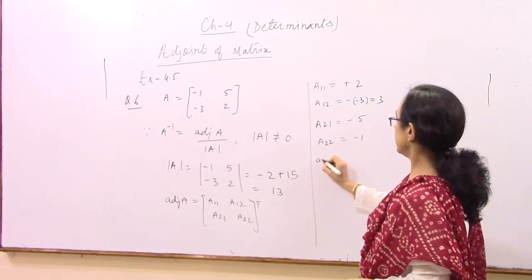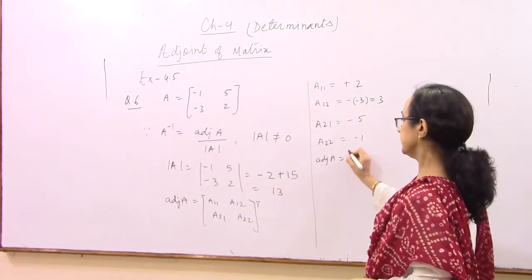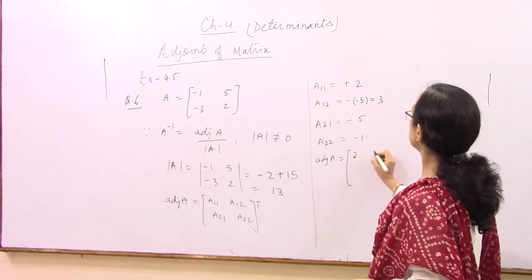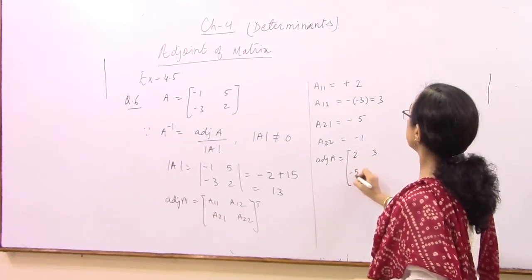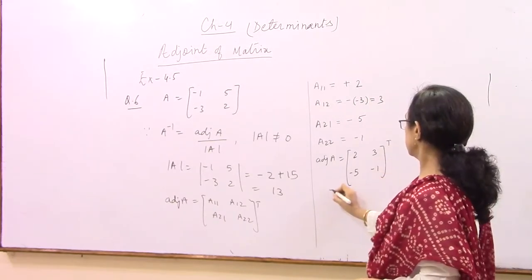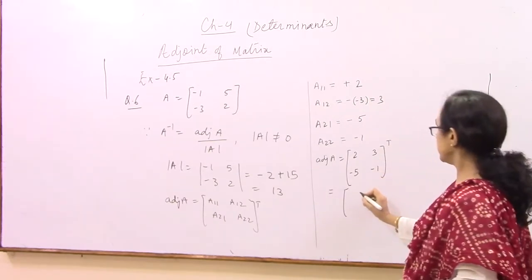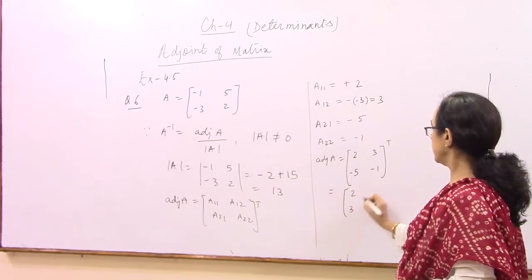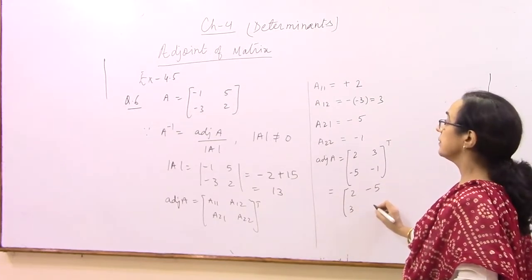So adjoint A is 2, 3, -5, -1 whole transpose. Taking transpose, then we have 2, 3, -5, -1.